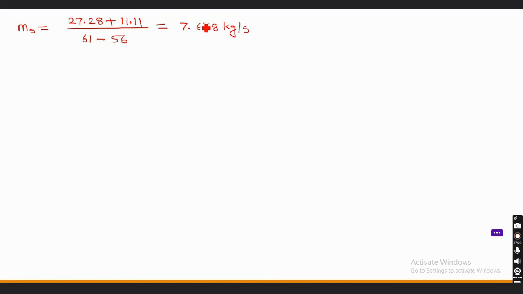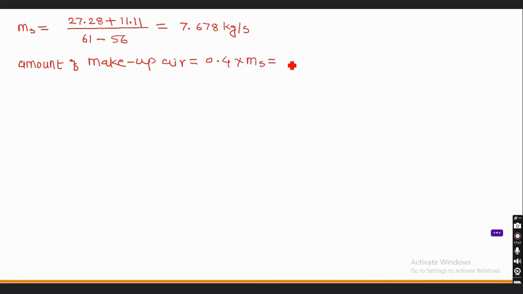Now in order to find out the amount of makeup air, we know that 40% of supply air is nothing but the makeup air. So the amount of makeup air is equal to 40%, that is 0.4 of this ms, isn't it?